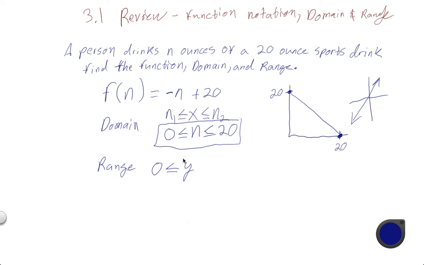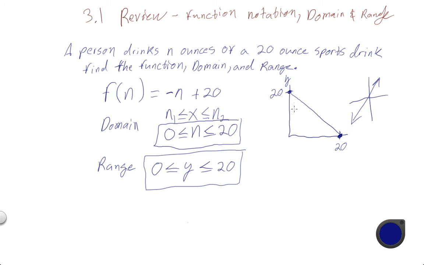You'd still get full points for that. But I'm going to say y because this is our y-axis. 0 is less than or equal to y is less than or equal to 20 because again the bottle can't be more full than it is. We're not sports drink bottle fillers, so we're not putting more in there. Okay, and so that would be our range.